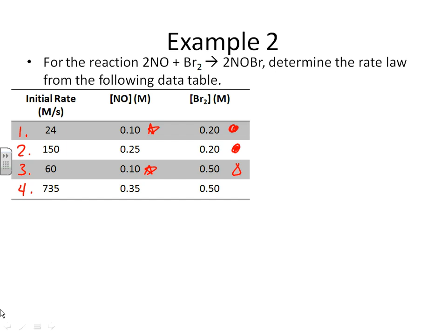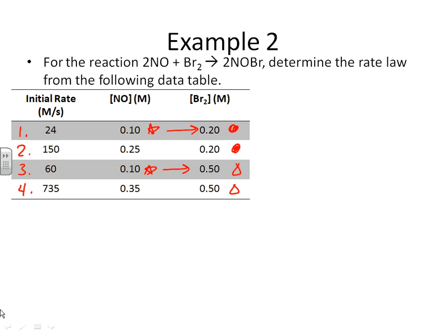And I see that I have 0.5 and 0.5. That's good. But if we're looking at the NO between trials 1 and 3, the NO stays the same, but the concentration of Br2 goes from 0.2 to 0.5, that's not an obvious doubling. That's going up by a factor that's less clear.